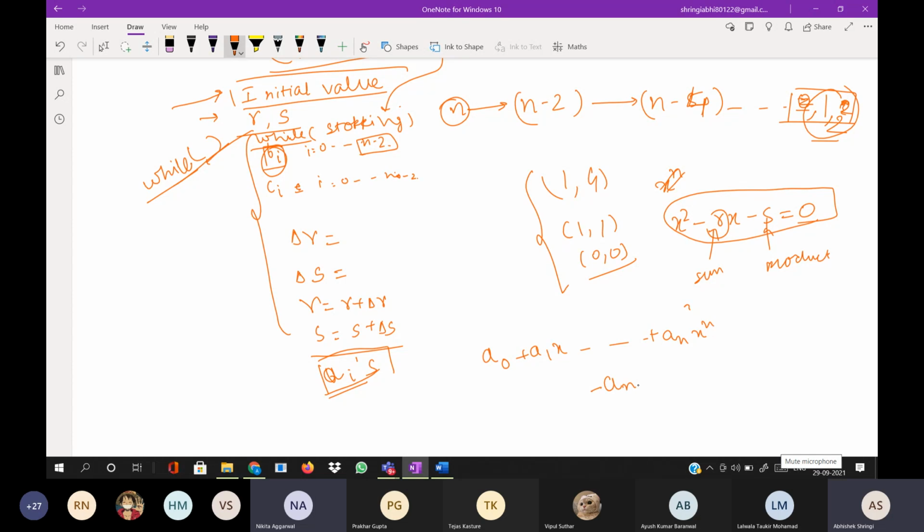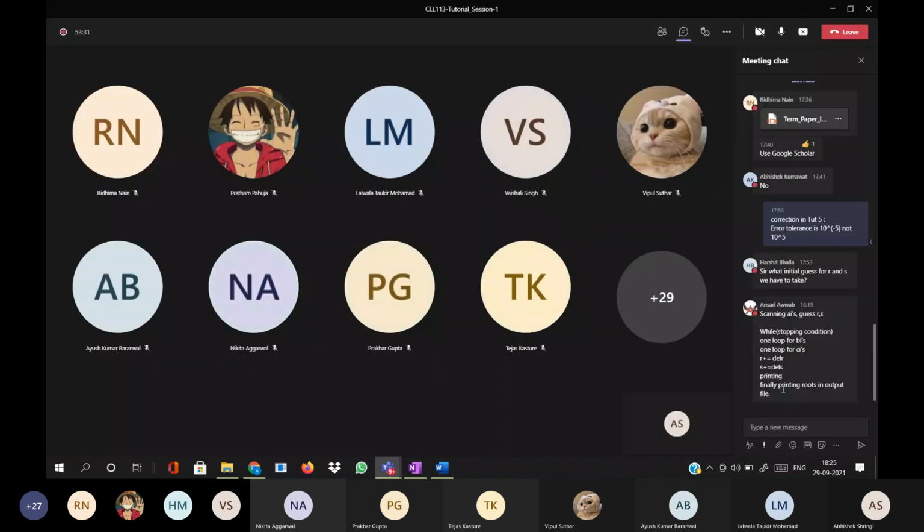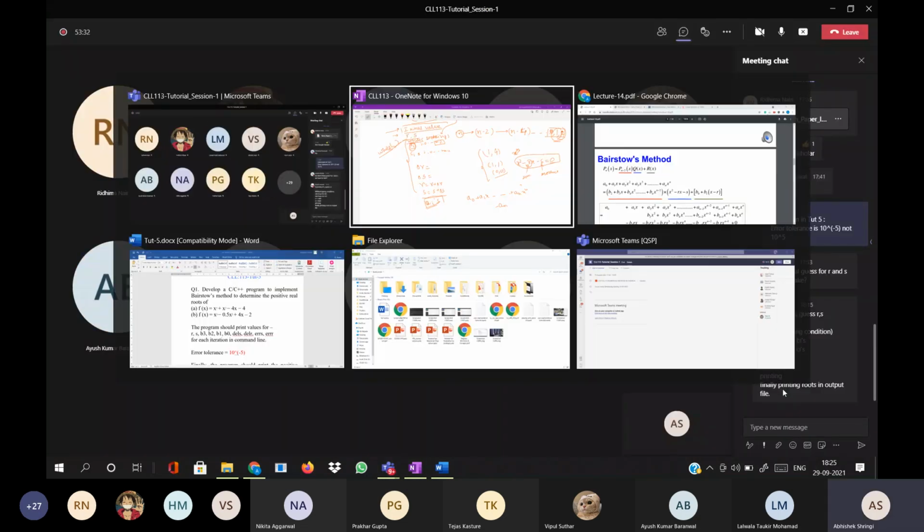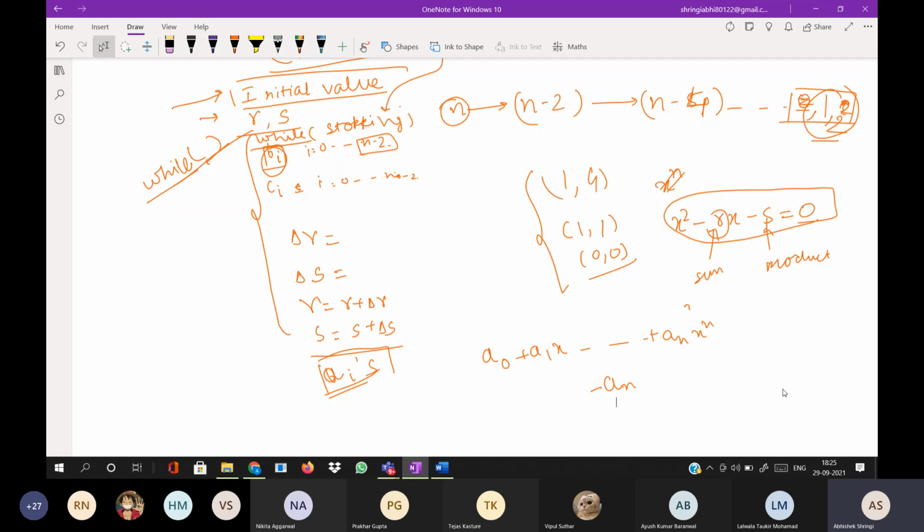Go ahead. What is the sum of the roots here? Minus the coefficient of a n minus 1 upon a n. Yes, so this will be the sum.